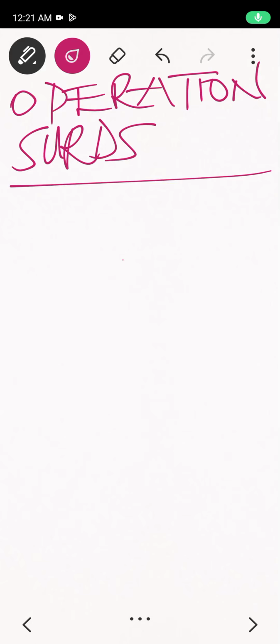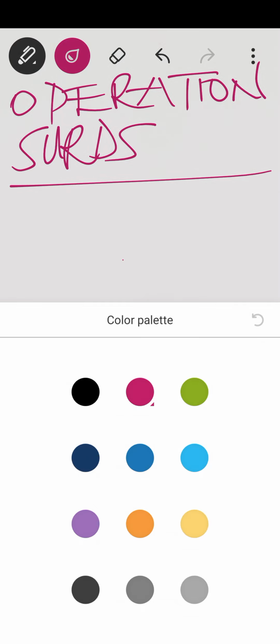You're welcome back. We want to look at operations on sets. Now, if you cast your mind back to your normal class in algebra, we deal with about 4 major operation signs.